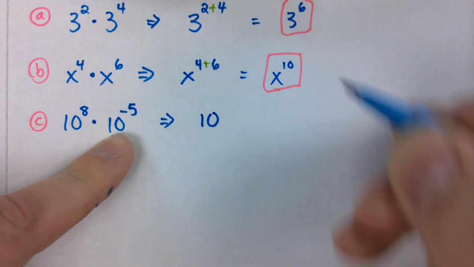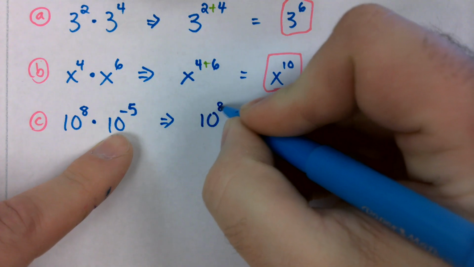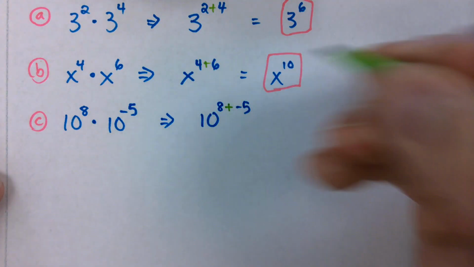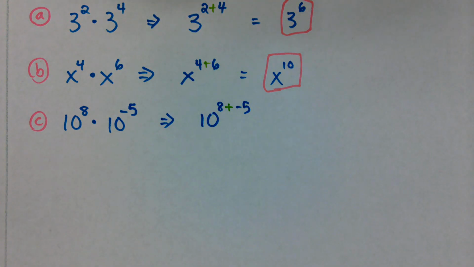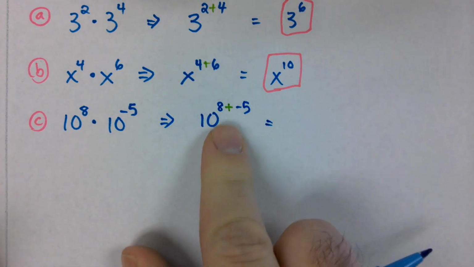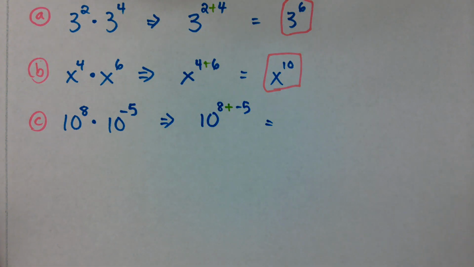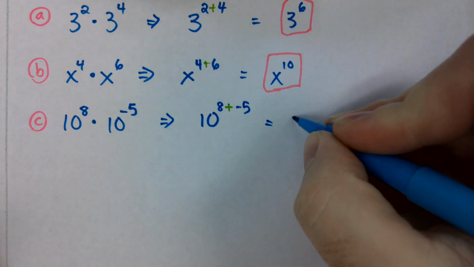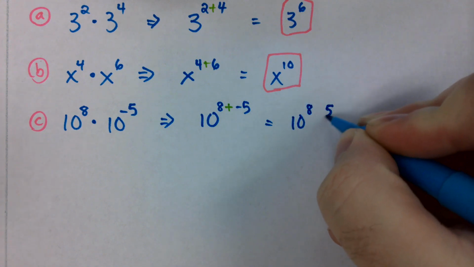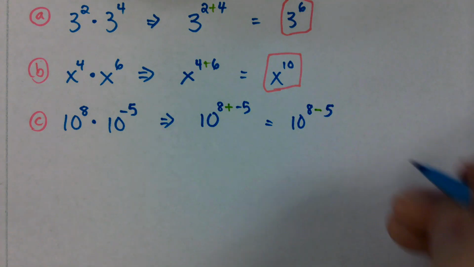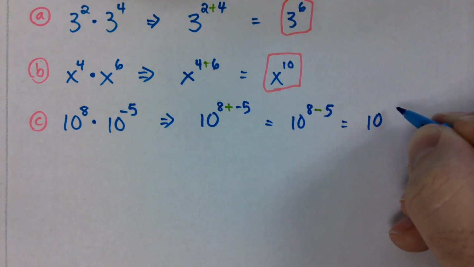So we'll write our same base, and then we'll add our exponents: 8 plus negative 5. If you remember from our review last week, what happens when we see a plus next to a minus? What does it become, Noah? A minus, exactly. A plus next to a minus becomes a minus. So we can rewrite this as 10 to the 8 minus 5, which equals 10 to the 3rd.